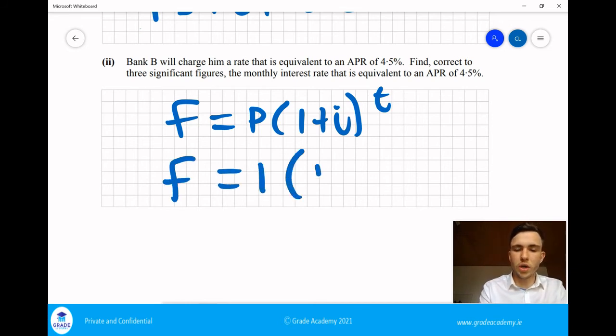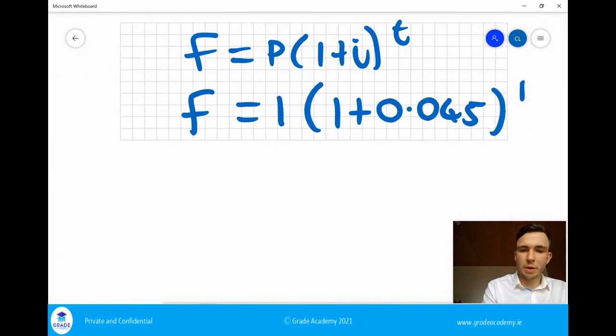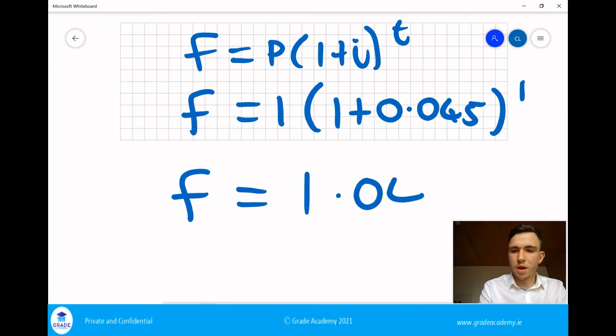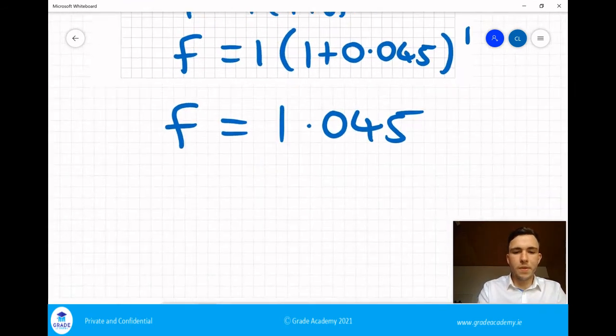We're investing €1 for 1 year, so our interest rate is 0.045. When we type all that into our calculator, our F is going to equal 1.045. So that is our future value after 1 year.